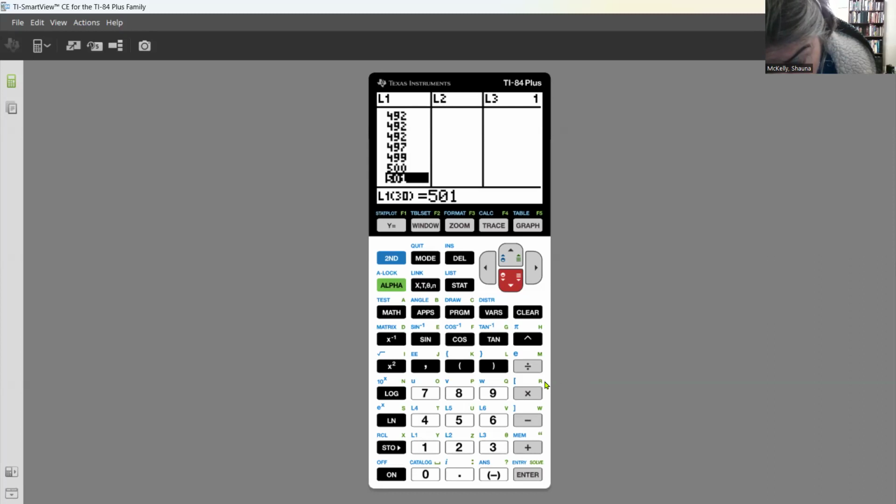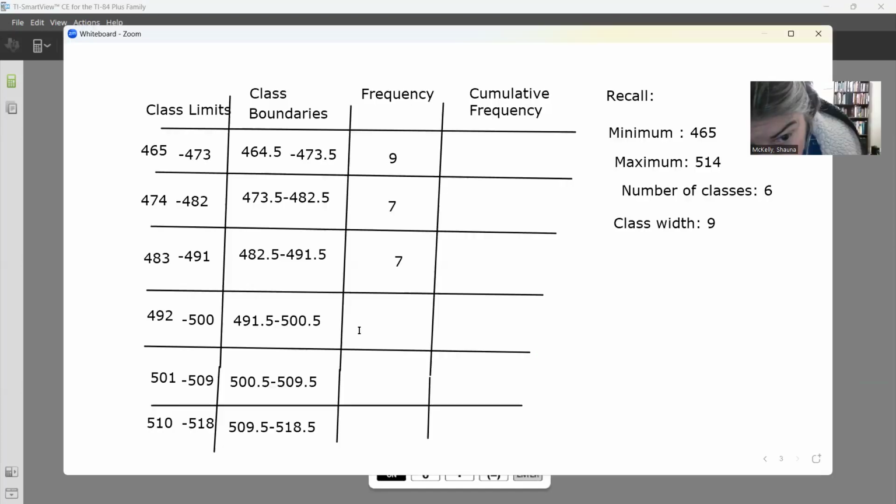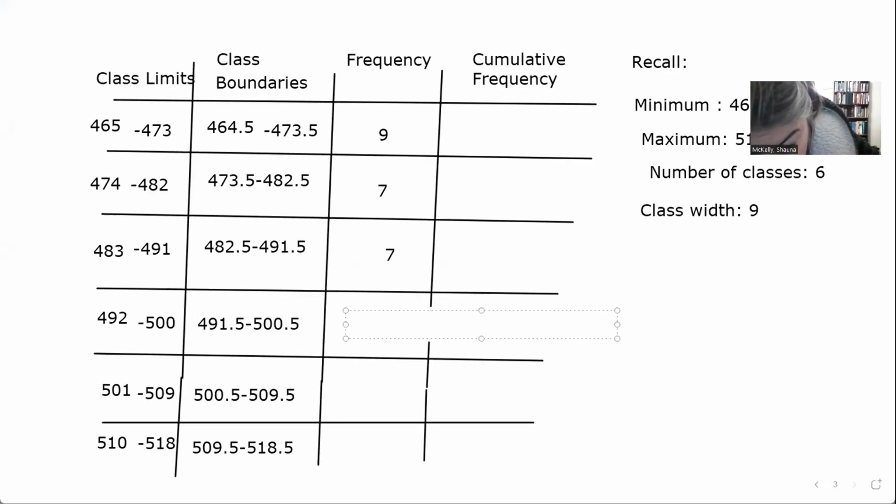Stop there. 6 elements in this class. We have 6 numbers that fit that. And I'm just going to move it over.